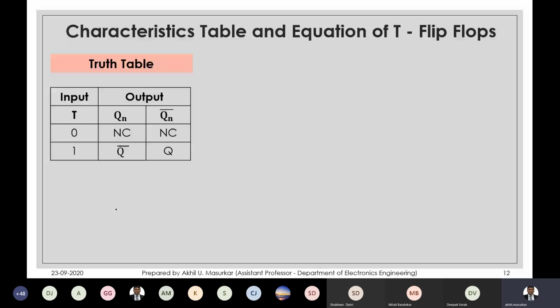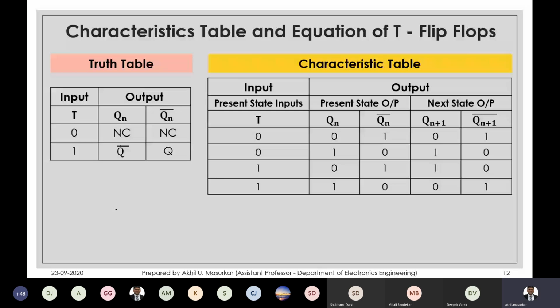Okay, so I am showing you the characteristic table. So T flip flop: first condition is no change, and the second condition is toggle. Toggle means 0 1 is 0 1 only here, and if it is 0 1, this will become 1 0. That is toggle. So now you will write Qn plus 1.